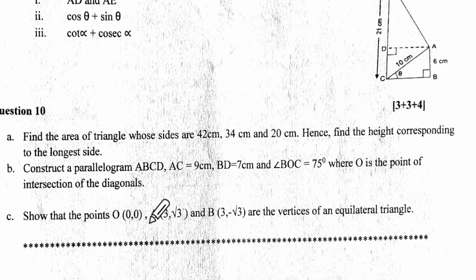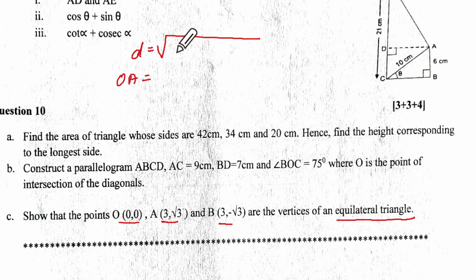Then, show that the points are the vertices of an equilateral triangle. So you will find OA using the distance formula. Everybody knows this formula. OA equal to, AB equal to, and then OB equal to.